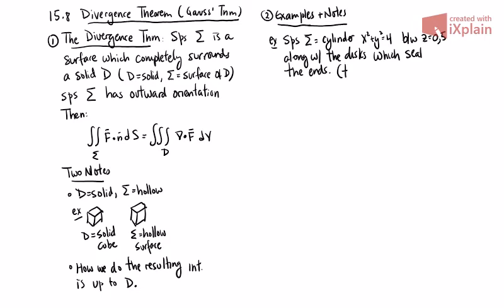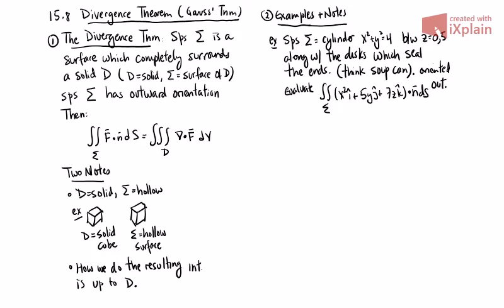So think something like a soup can, but not the soup. Just the can. The question is to evaluate, oriented out, the integral over sigma of x squared i plus 5y j plus 7z k dot n dS.